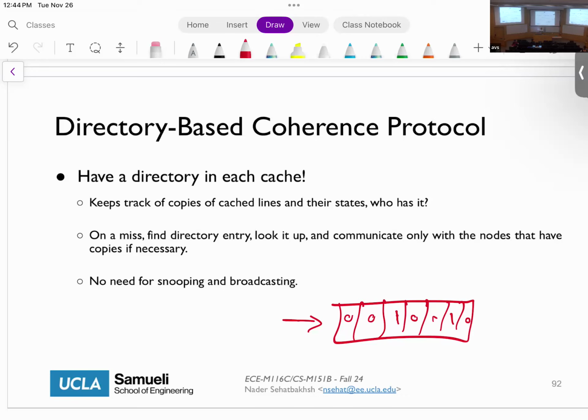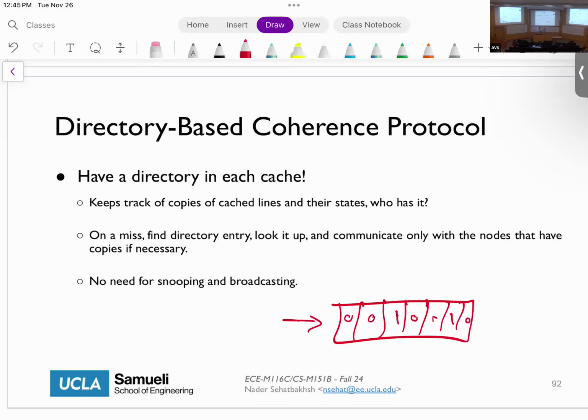Then if I want to update things, I no longer need to broadcast. All I need to do is update the directory. If everyone accesses the directory altogether, all I need to do is update and change the directory. And this way I completely get rid of the broadcasting. The downside of this is that the directory usually needs to be stored in the memory. There's no other place that I can store the directory.